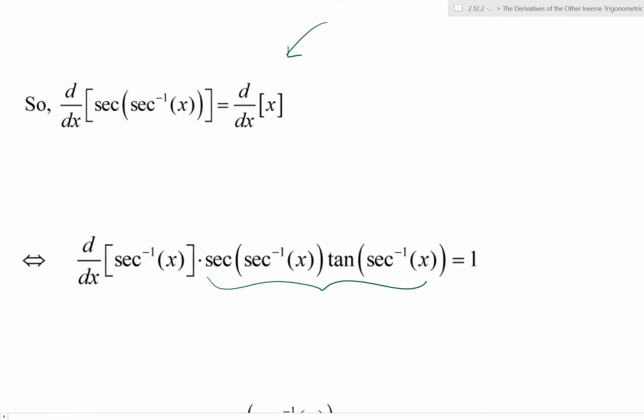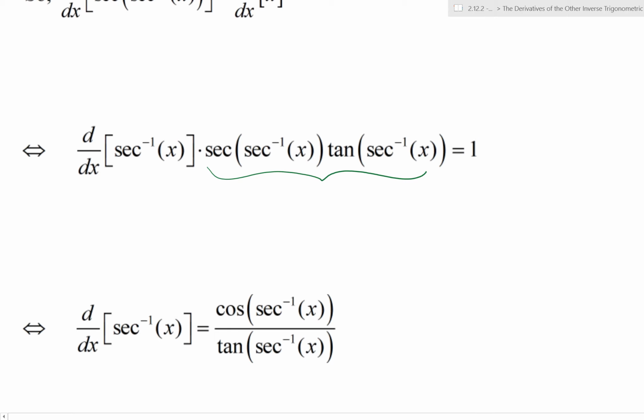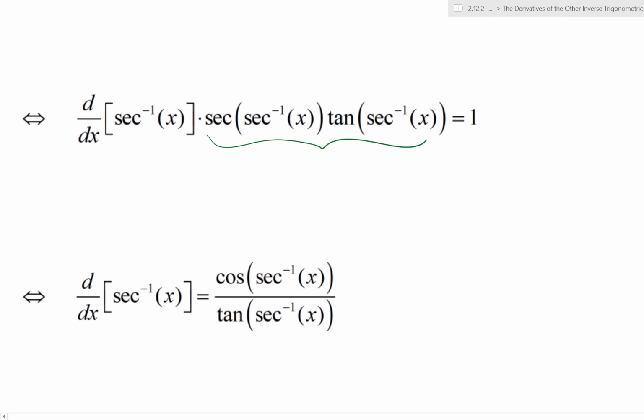From here, we can isolate the derivative of the secant inverse function on the left side by dividing both sides by secant of secant inverse of x and tangent of secant inverse of x. To obtain this right here, just take note, when I divide by secant of secant inverse of x, that is the same as multiplying by the cosine of the secant inverse of x. So we have this result now.